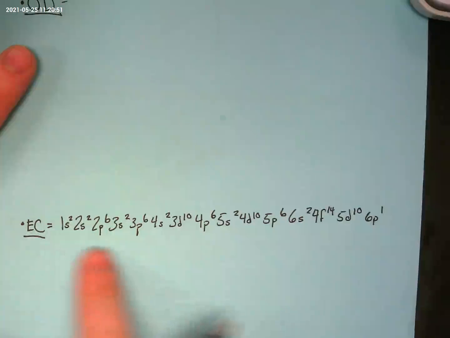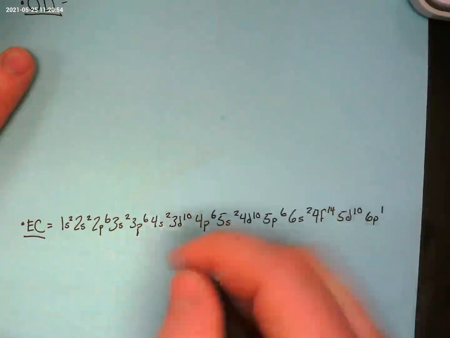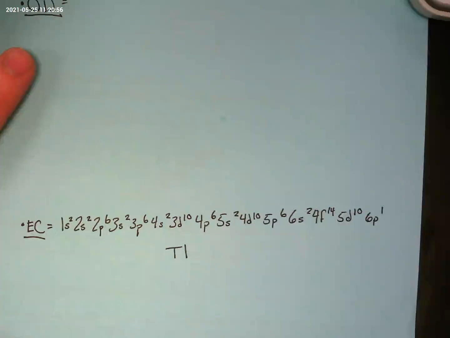So that is the electron configuration for thallium. Boom, did it.